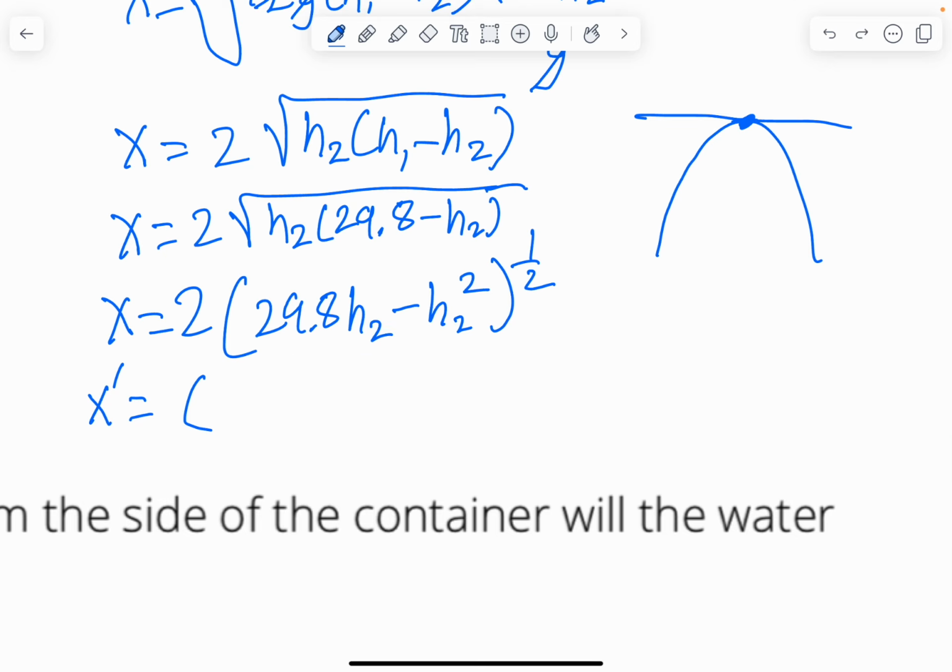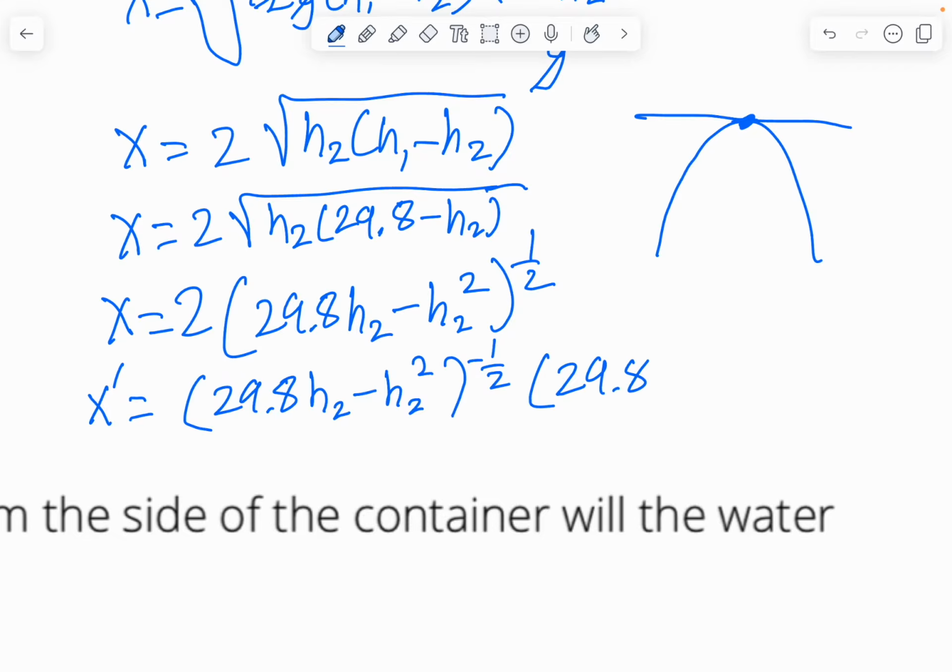Then whatever's on the inside stays the same: 29.8 h2 minus h2 squared. Then the 1/2 becomes negative 1/2. And then I'll take the derivative of my inside function, which is 29.8 minus 2h2.